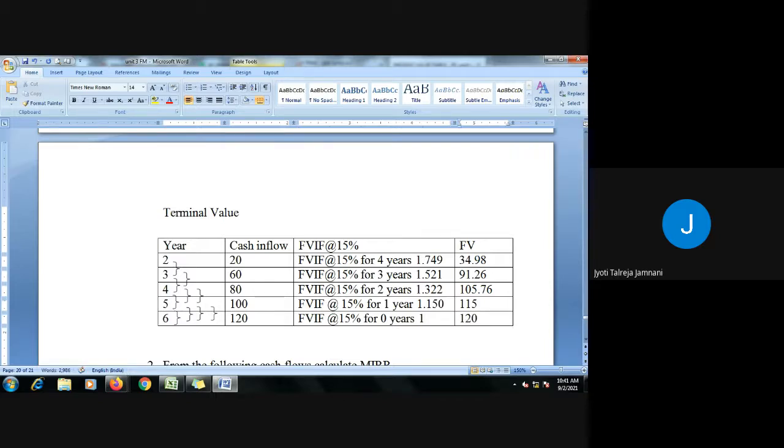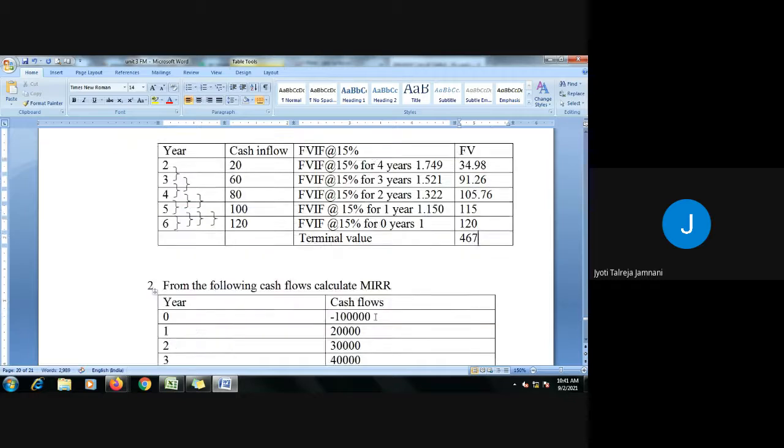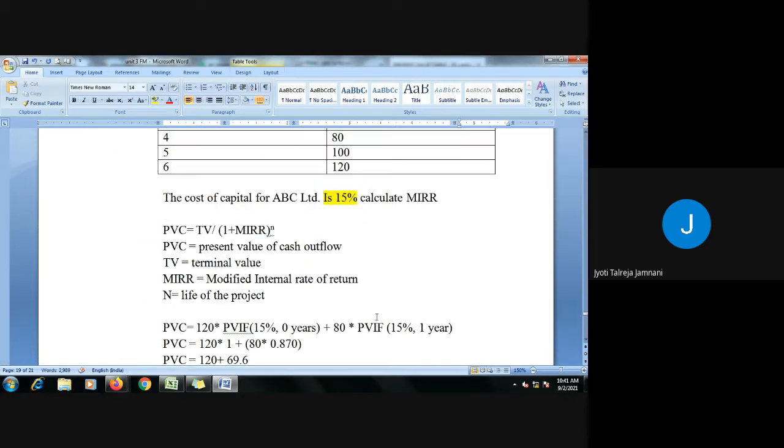So 120 into 1 is 120. Now we'll find the total of the future value. That is nothing but our terminal value. So if I add all this, 34.98, 91.26 and all that, we'll get 467. So now we'll take a formula. We have the present value of cost or cash flows, and we have the terminal value.